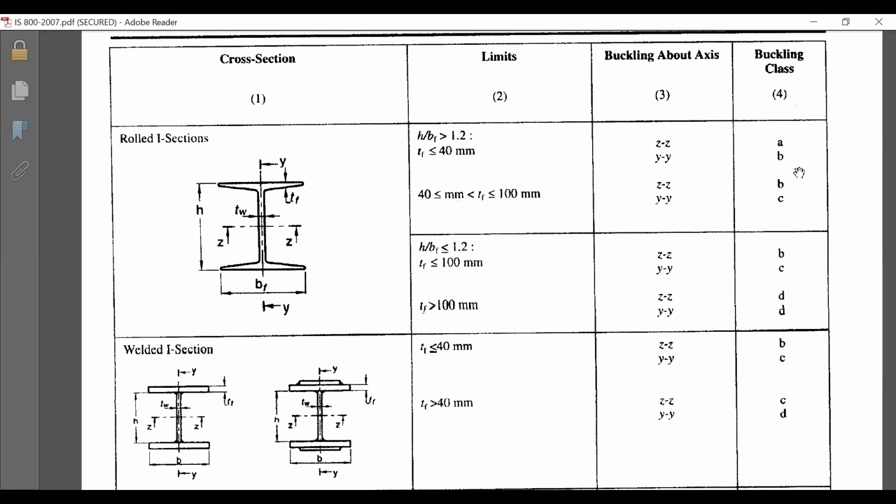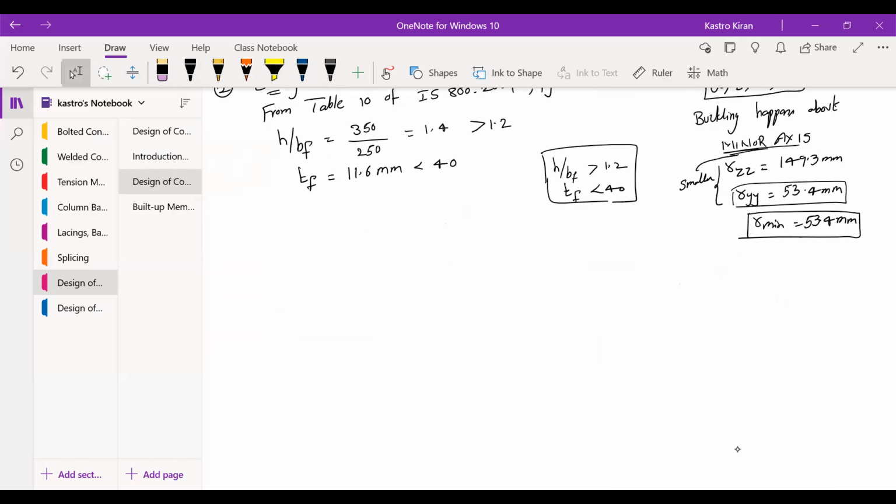Now, for any section, you will have only one buckling class. It cannot be two buckling classes. So let's find out which buckling class it belongs to. Is it A or B? So let's write down the selected section.